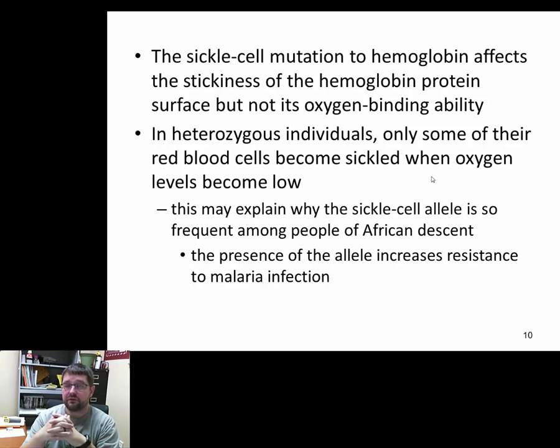resist malaria. If you don't know much about malaria, malaria is a parasite that's passed on by species of mosquitoes.